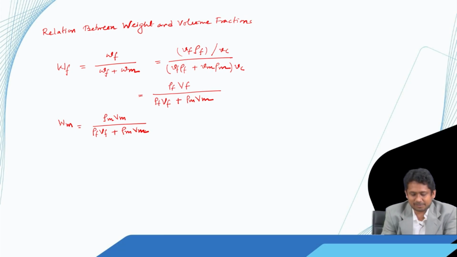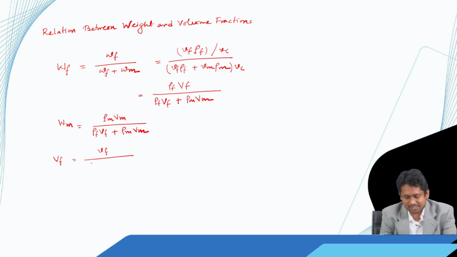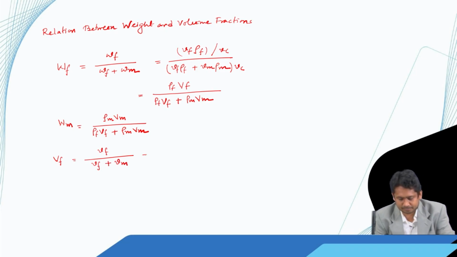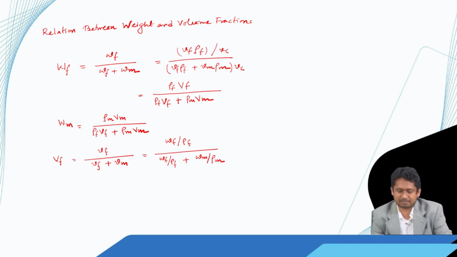Now, we will do the inverse relation. So, we have fiber volume fraction, which we can write as volume of fiber divided by the volume of fiber plus volume of matrix, and volume of fiber is nothing but weight of fiber divided by the density of fiber. Similarly, in the denominator also we have weight of the fiber divided by the density of fiber, and then weight of the matrix divided by the density of matrix.